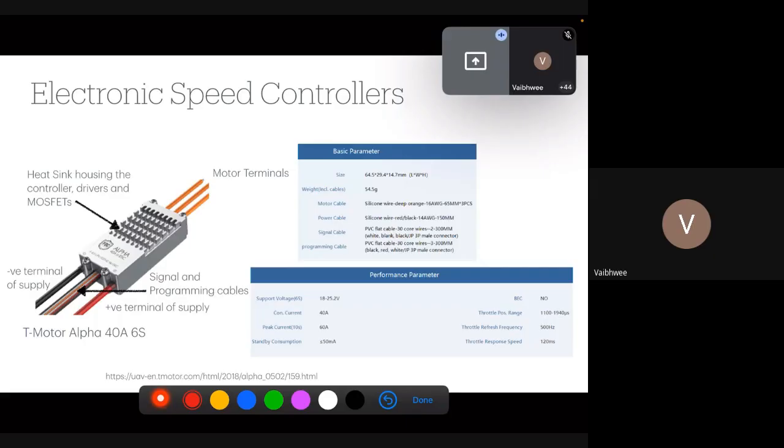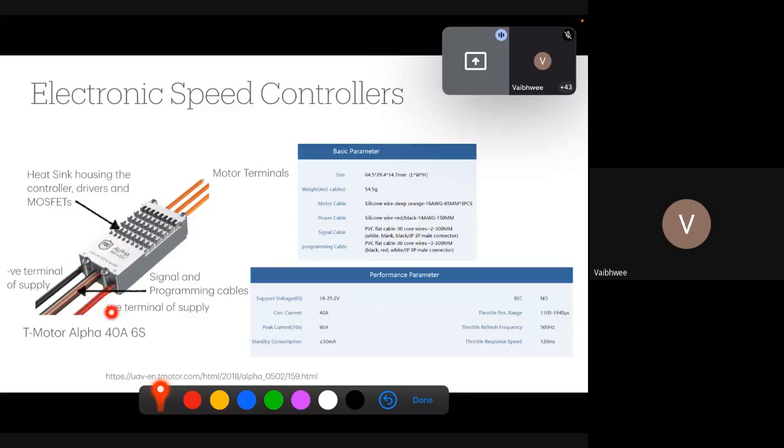Typically what you have are these 3 terminals, which are the motor terminals that go to the motor. This is a heat sink inside which the entire electronics, basically the controller, the gate drivers, and the MOSFETs, are there. This cable that you see at the center is the signal cable and also the programming cable.